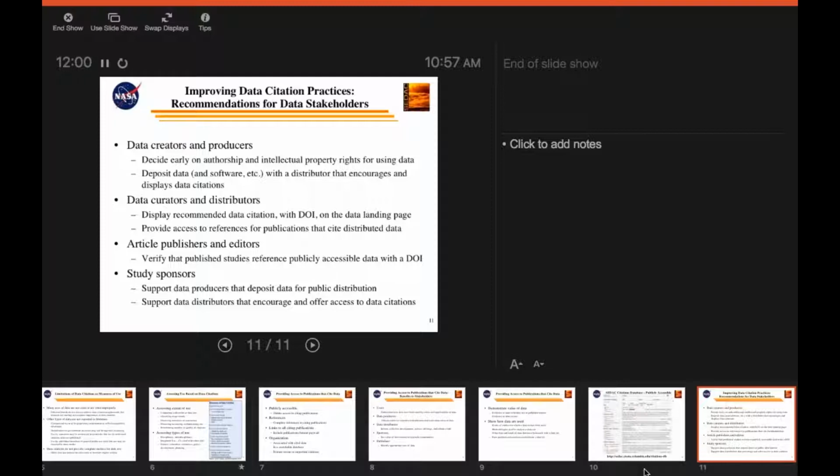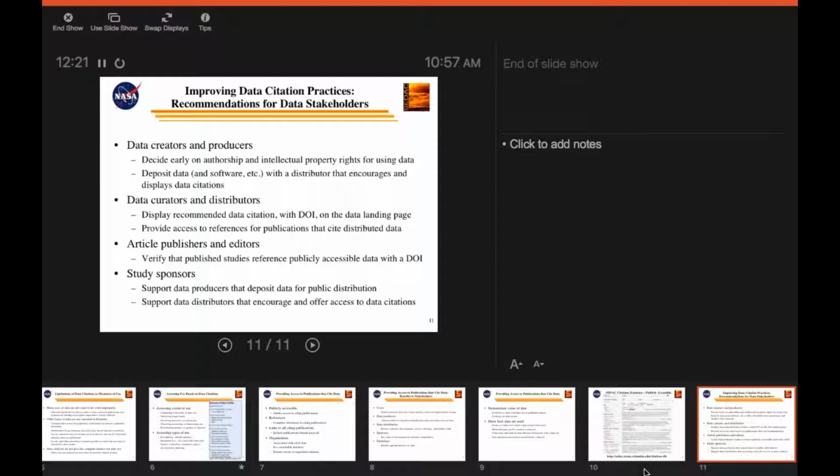But if there's a seminal article, like the original article the authors of the data wrote about the data, we'll offer that as an alternative recommended citation. Ideally, we would like them to cite both.